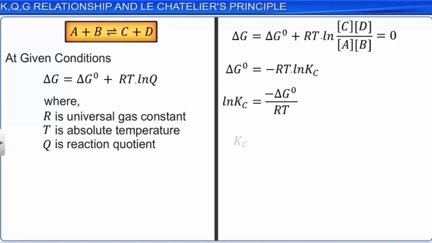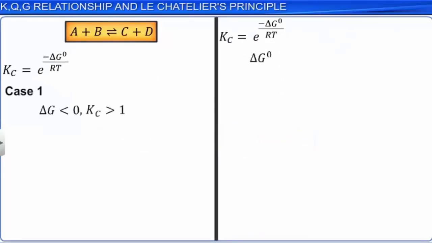The reaction spontaneity in terms of the value of delta G naught can be known by using the equation Kc is equal to e to the power of minus delta G naught divided by RT. If delta G naught is less than 0, then the term minus delta G naught divided by RT becomes positive, and the value of e to the power of minus delta G naught divided by RT becomes greater than 1.